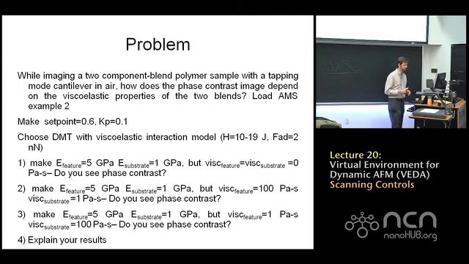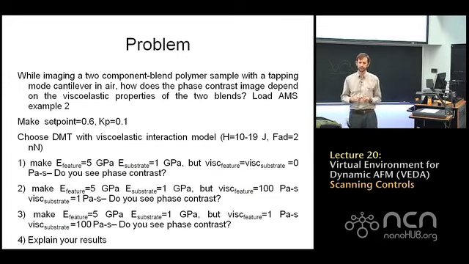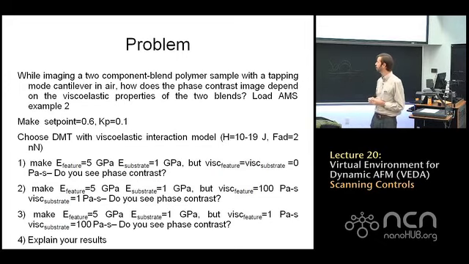So, here's a problem. We have a two-component polymer blend. We're doing tapping mode in air. And how does the phase contrast depend on the viscoelastic properties of two regions?